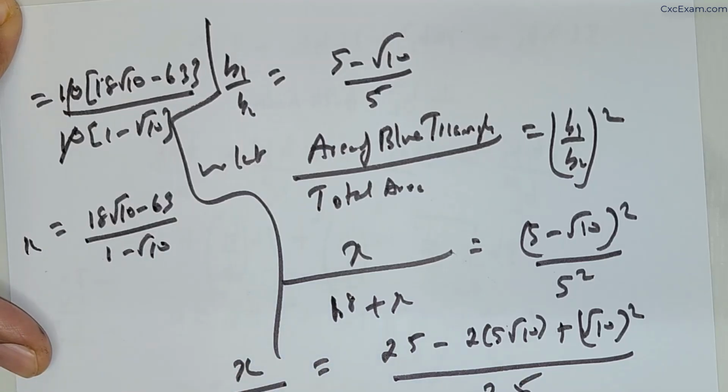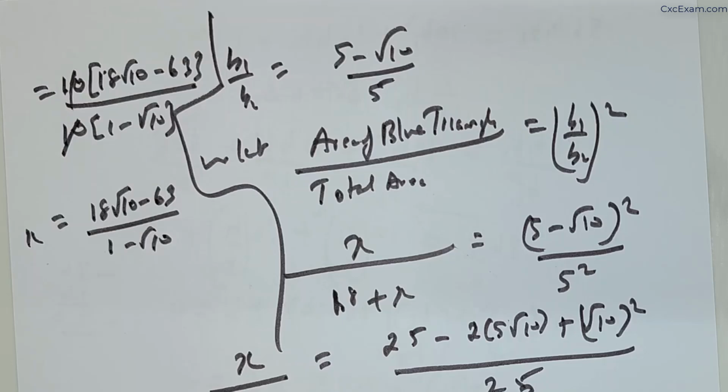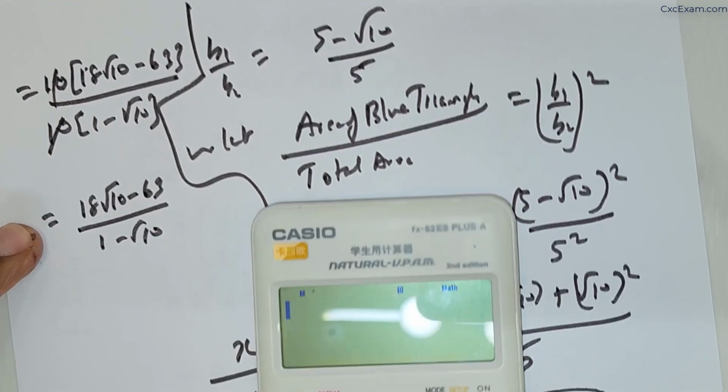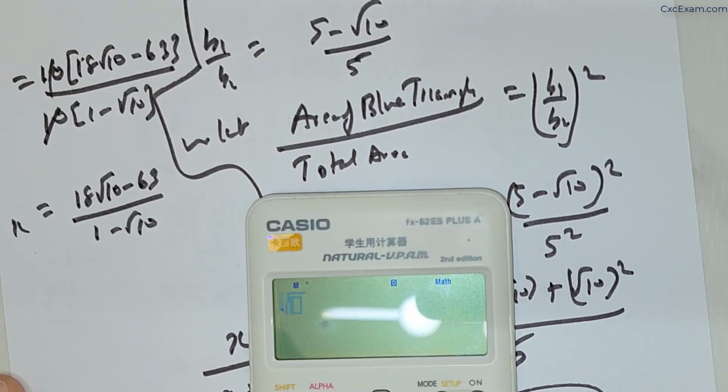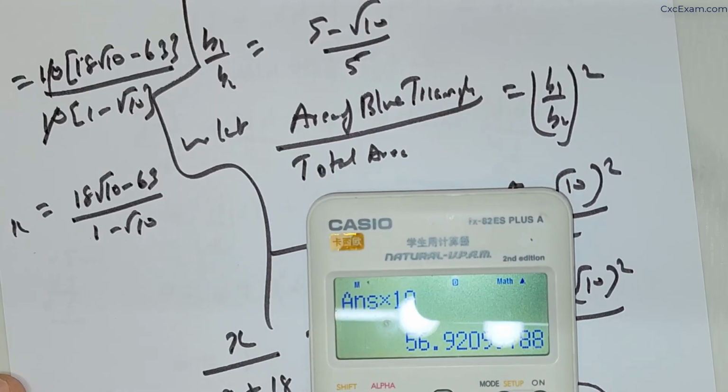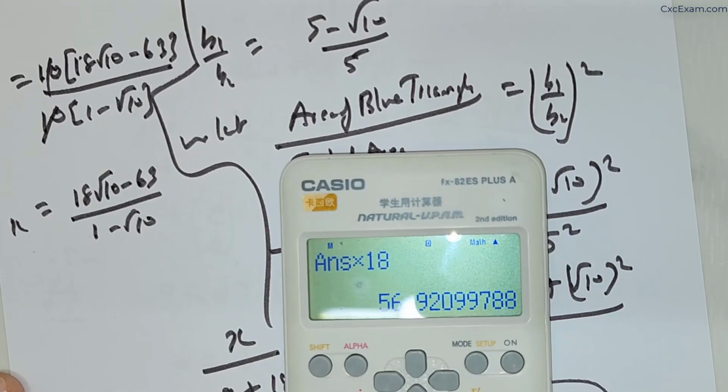So now we can use our calculator and find an approximation. Okay, we have come this far, so let us also get that work done. √10 multiplied with 18 gives me 56.92, minus 63.